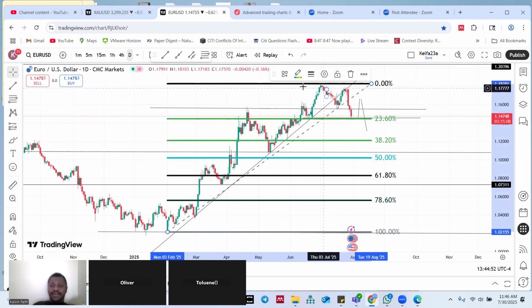On the fib, we are trading into 23% right now. One thing I've observed using the fib as measurement is that before price makes any move, it will make a necktie on 23.6%.